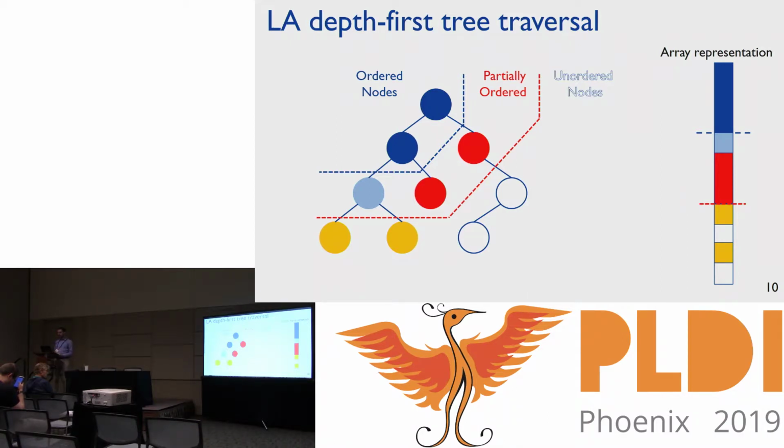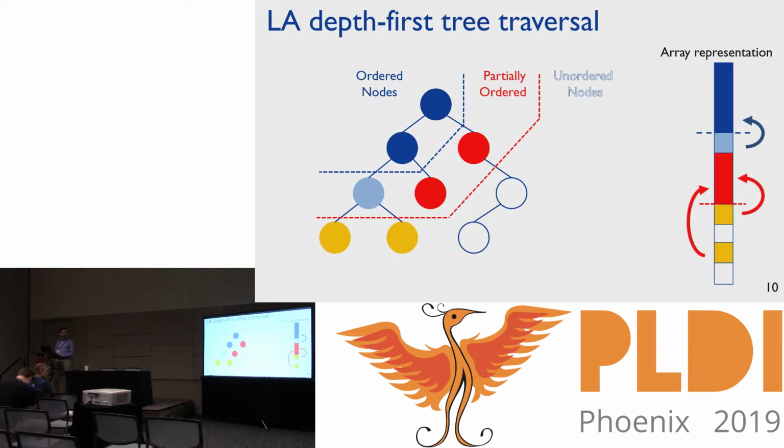Okay, so the next step requires us to do 2 things. One is to determine that the currently selected node that we are using to expand the frontier goes into the ordered region. Okay, so this is one step.